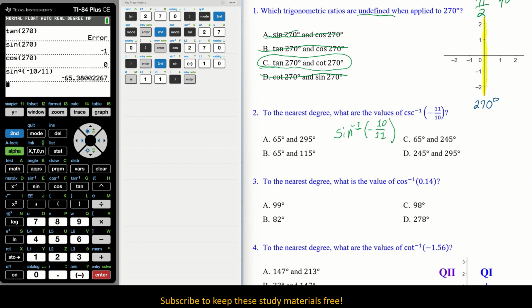Which quadrants do you get a negative sign? That would be from the last video we were watching. That would be Q3 and Q4 for sine, because that's when the y's are negative.